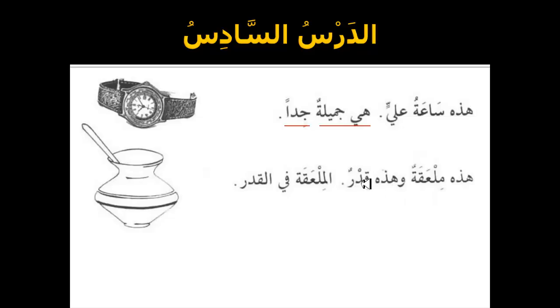Wa hadihi qidrun, and qidr, or qidrun, this is a pot, and this means it's feminine. Hadihi qidr, but there's no ta marbuta, so this is why you have to learn. Some of the words will not have the ta marbuta, so you just have to memorize them. Al-milaqatu fil qidri, and here, fil qidri.